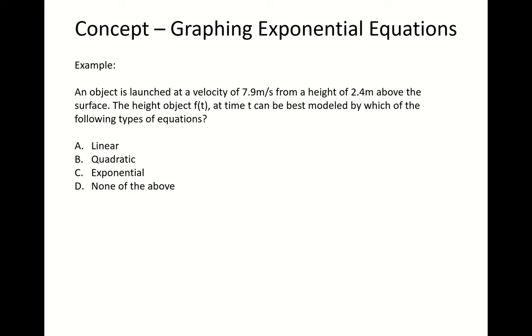Then you have like a cannon of some sort, maybe. Normally it's like a cannon or something that shoots out the cannonball. It's going at 7.9 meters per second. Let's just say that height right there is 2.4 meters, right?